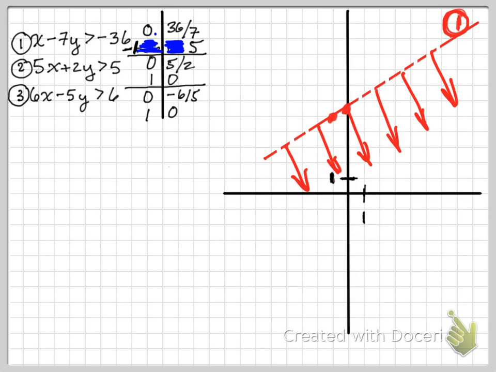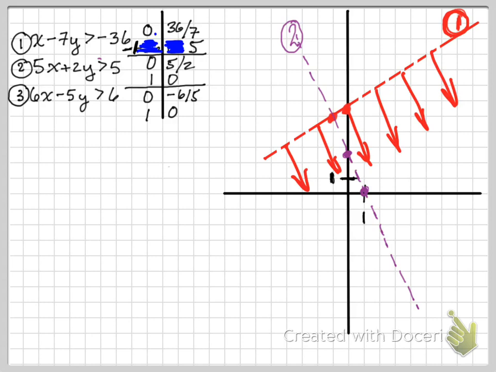So for the second one, it makes it a little bit easier on me since I have different colors maybe. Okay, 0 to 5 halves, so that's 0, 2.5, and then 1, 0 there. And I can see again that this is greater than, it's not greater than or equal to, so I'm going to do a dashed line through those points. I'm going to label it 2.